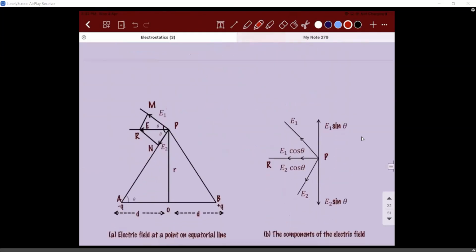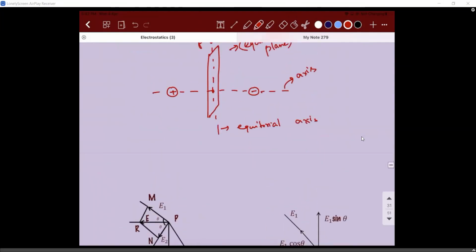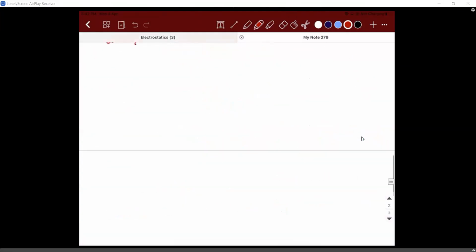Okay. So at this equatorial point, our job is to derive the electric field. For that, I have a positive charge and a negative charge, and I take the distance between them as 2d.